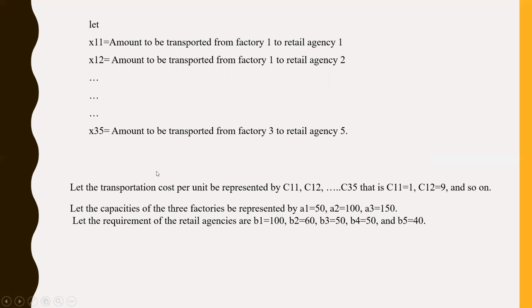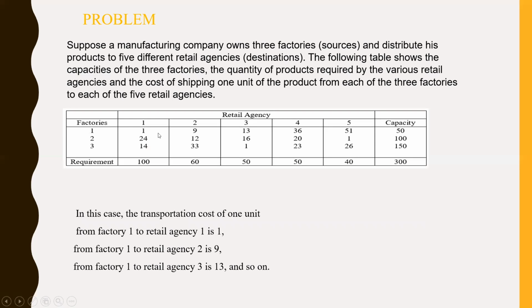Then let the transportation cost per unit be represented by C11, C12 and so on. That is, C11 equals 1, then C12 equals 9, the transportation cost for factory 1 to reach retail agencies 1, 2, 3, 4, 5.